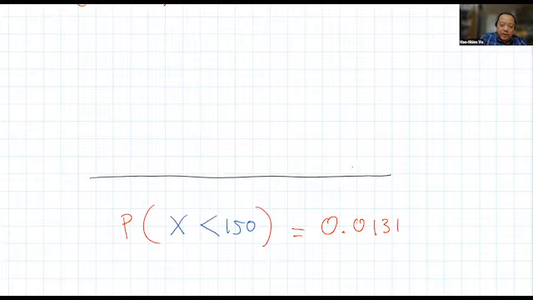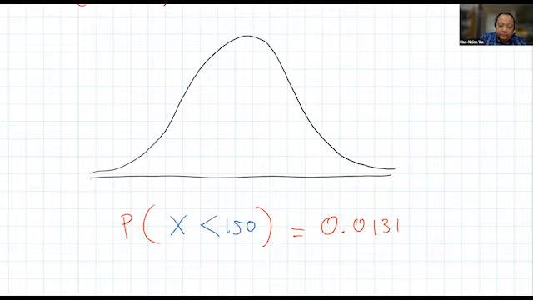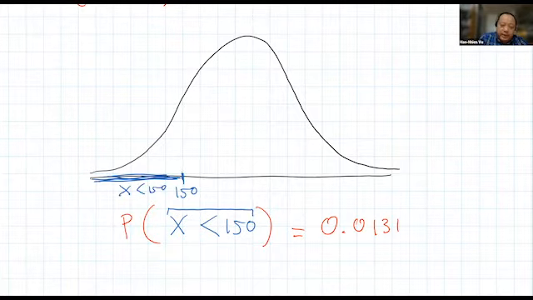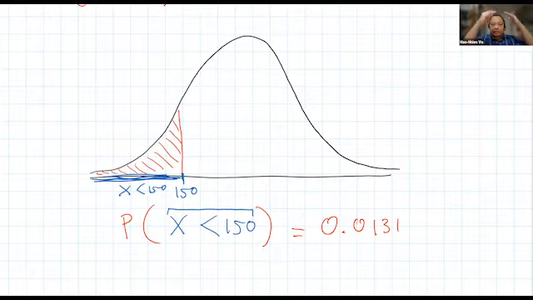So let's take a look at a normal curve. I have the number 150 being somewhere. Then I have the interval of x less than 150 here. And then I have the area above that interval. So imagine that it's the area that casts the shadow of x less than 150. X less than 150 is the footprint of that area.